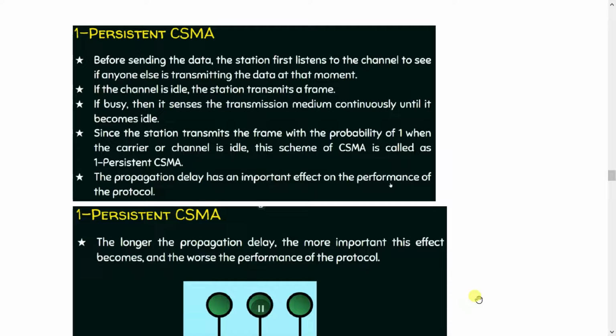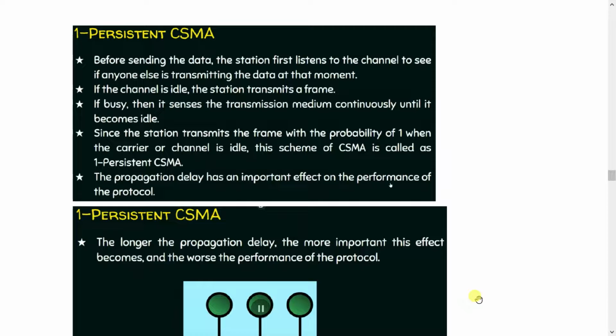So usually this is not a clever way of sensing the channel, because you should keep in mind that if a transmission process is taking place, this transmission process usually has a certain time until it gets complete. So it doesn't make sense to keep continuously sensing the channel when you already know from the first trial of sensing that the channel is busy.